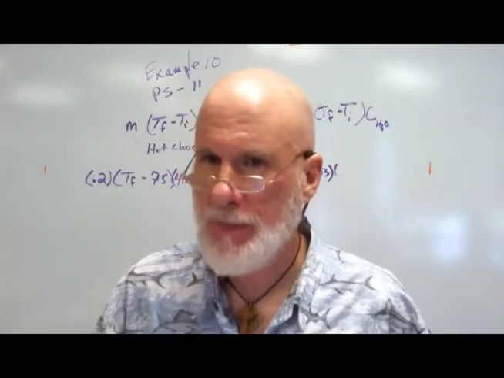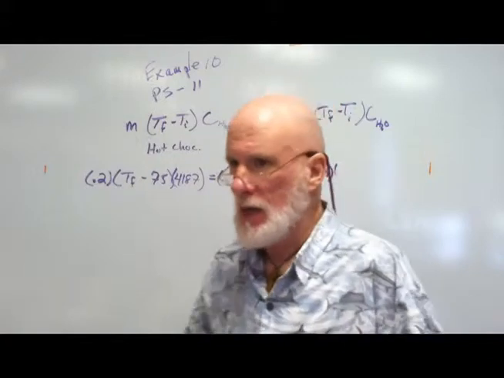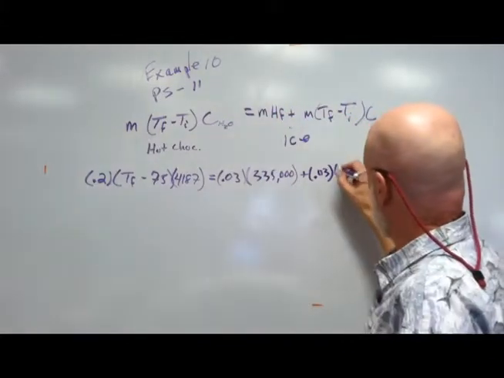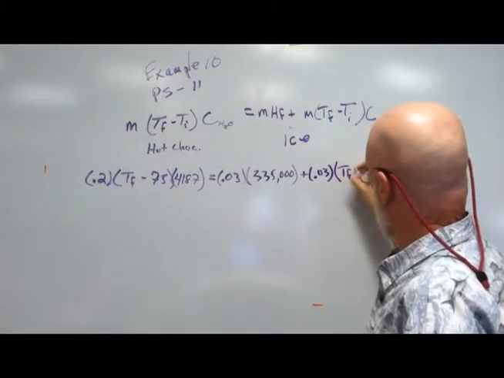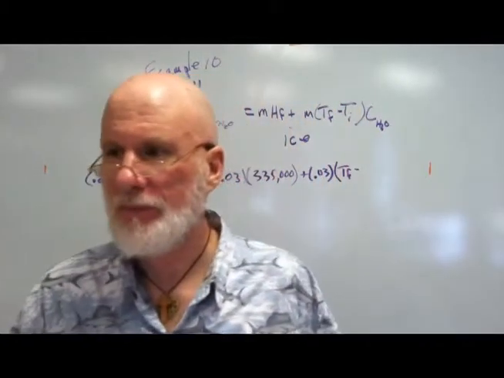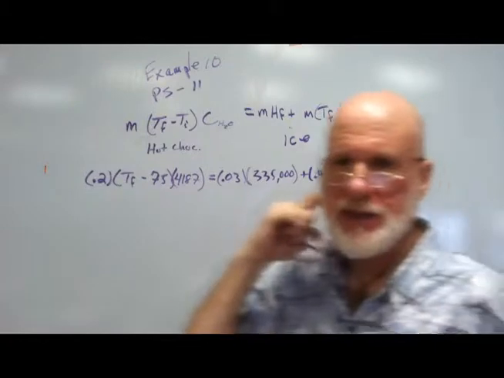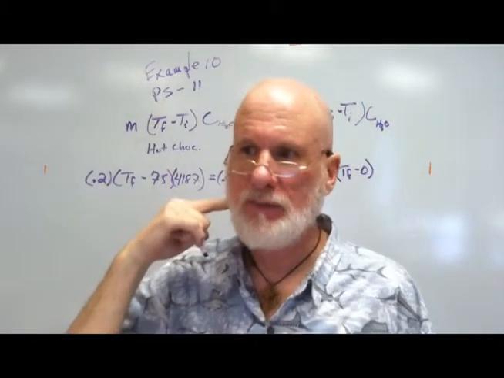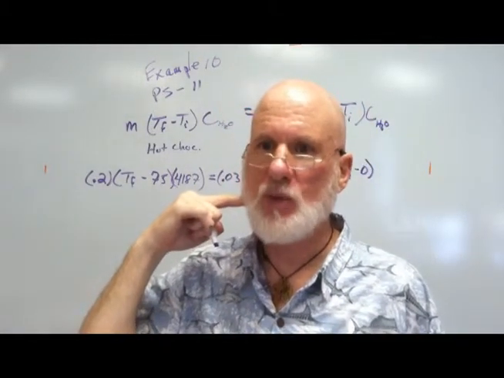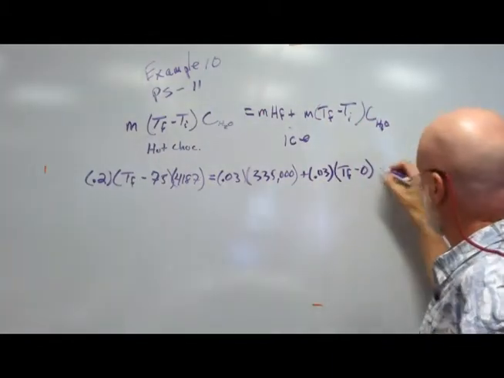You with me? Okay. Times TF minus what? 0. And what is the specific heat capacity of water? 4,187.